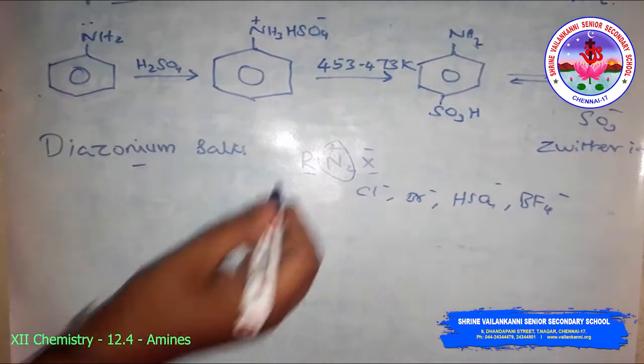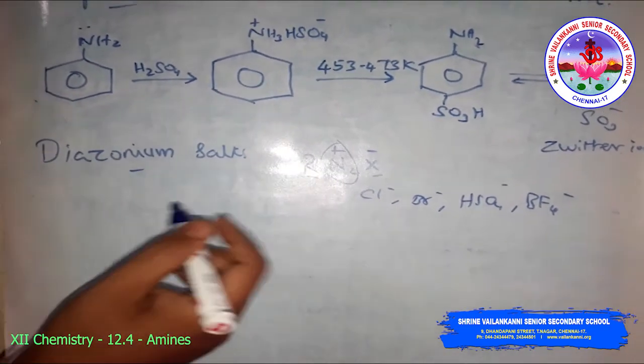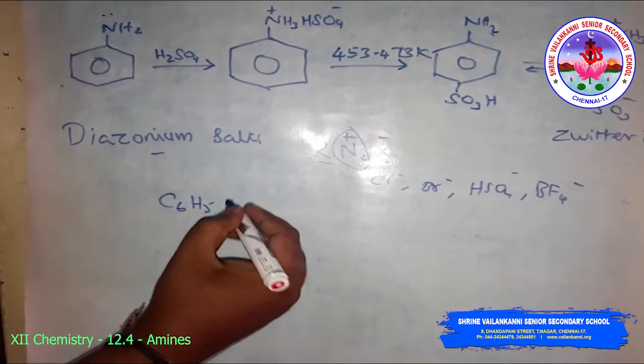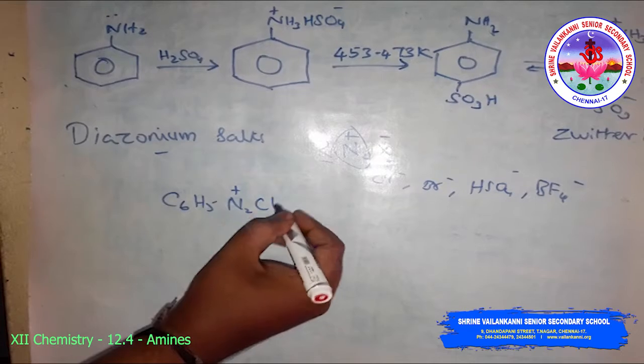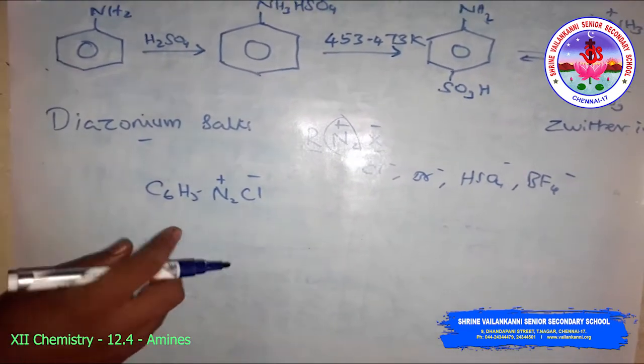So the primary aliphatic amines form highly unstable alkyl diazonium salts. Then the primary aromatic amines form arene diazonium salts, which are stable for a short time in a solution at low temperatures, that is 0 to 5 degrees Celsius.